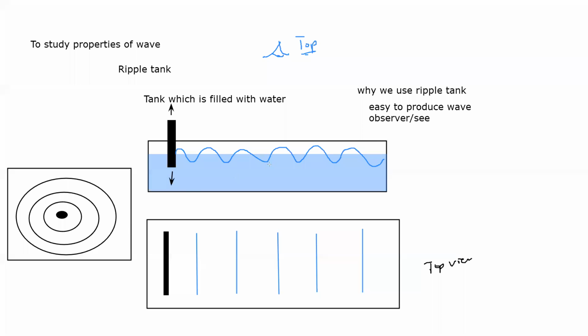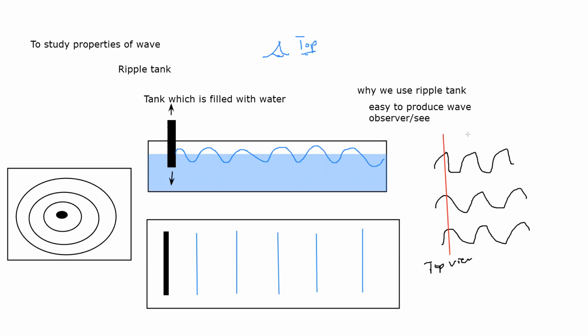What is the difference between a wave and a wave front? When we represent the identical points of the waves, for example, this is one wave, this is another wave, then this is another wave. When we join the identical points, like crest, crest, and crest, the line which represents the identical points of the wave is called a wave front.